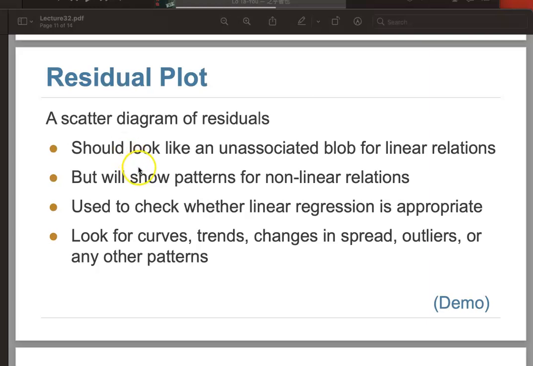If your residual plot shows a change in spread, an outlier, or any other pattern such as curves or a trend, then even if your observed data have a regression line and maybe a good correlation, they are not a good fit for the regression line.